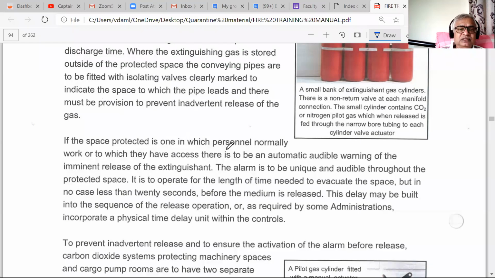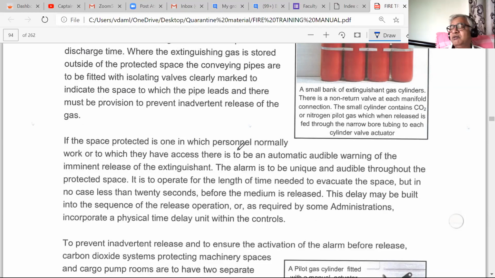So let's start first. Carbon dioxide is not really friendly to human beings. Even though we exhale it, we cannot live in CO2. So if you are going to release CO2 where some life form is there, you are going to kill that life form. The life form on board is the seafarer. So there must be an audible warning wherever you release CO2. It can be a variety of things.